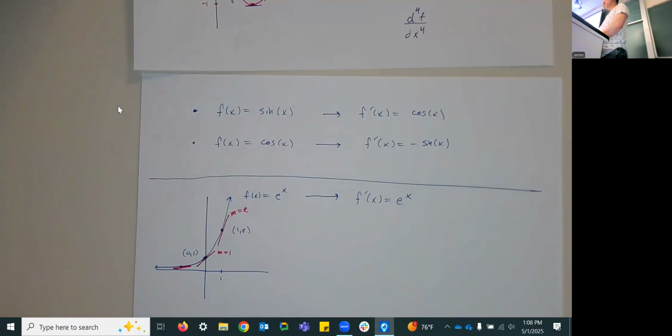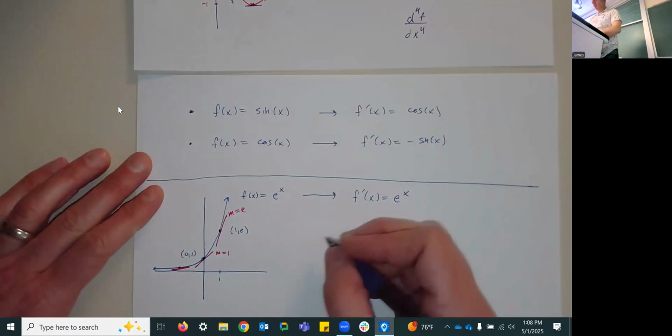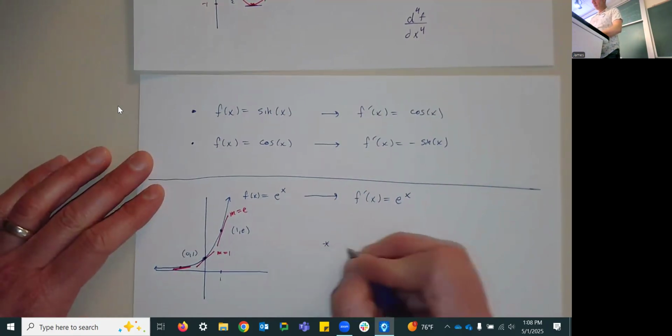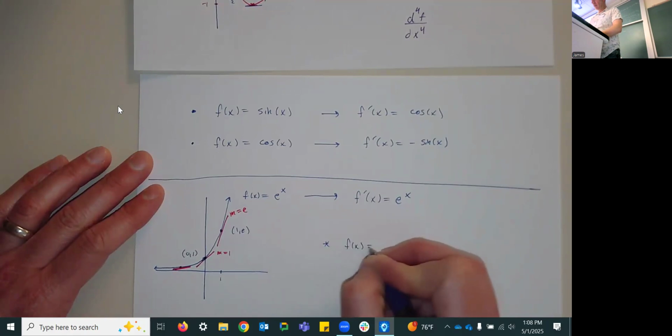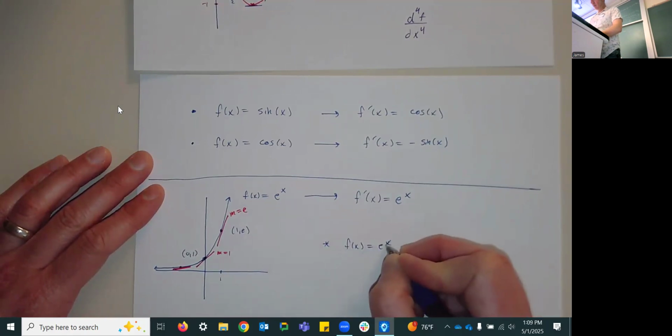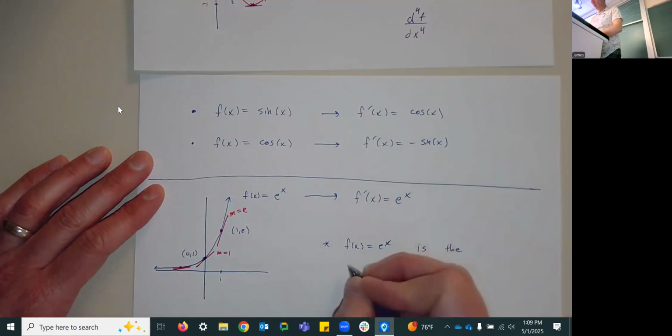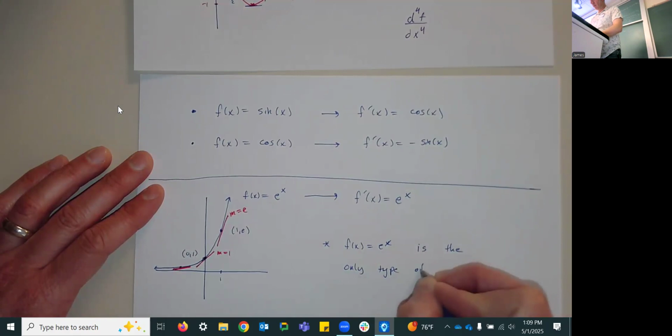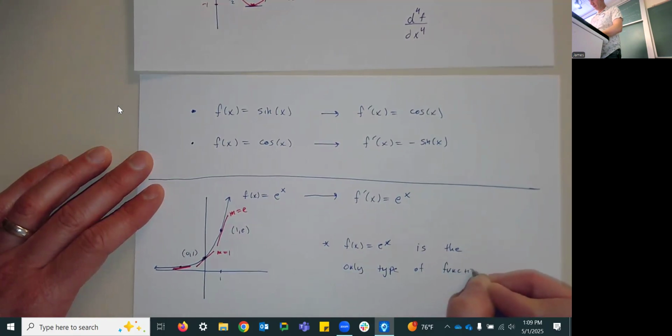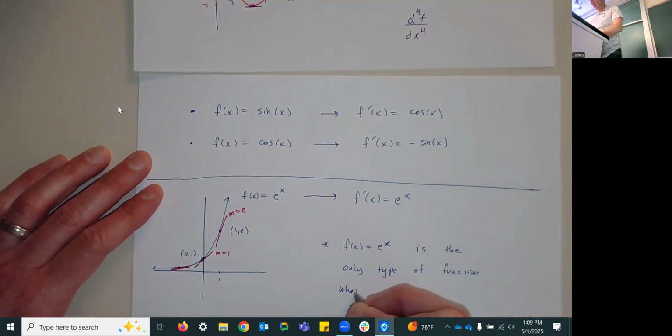It's kind of neat. It is the only type of function whose derivative is itself.